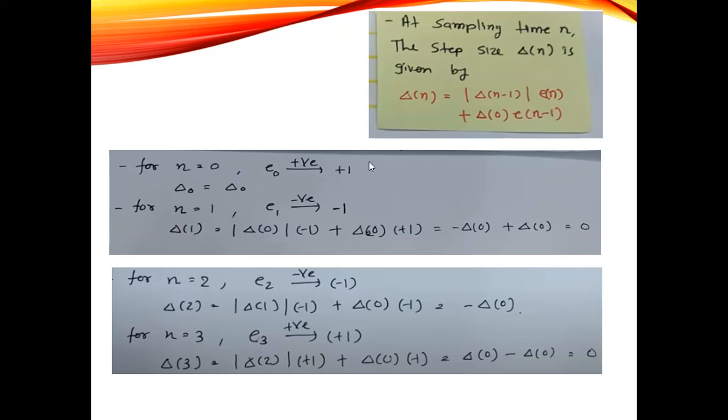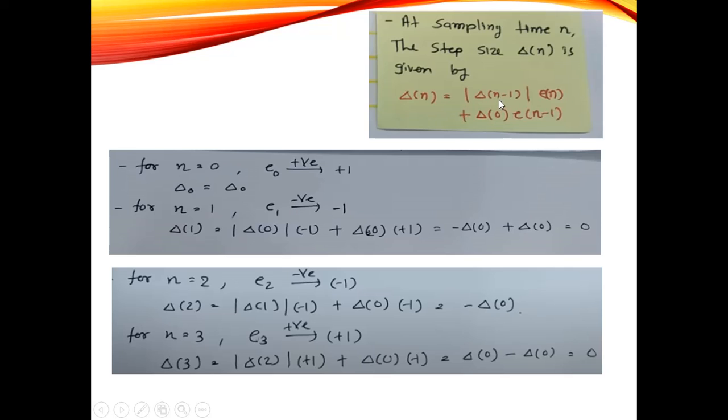And if e0 is positive, what is the expected output? It is positive delta 0. For n is equal to 1, if the signal is less than the sample, then the output is minus delta, and e1 is minus 1.